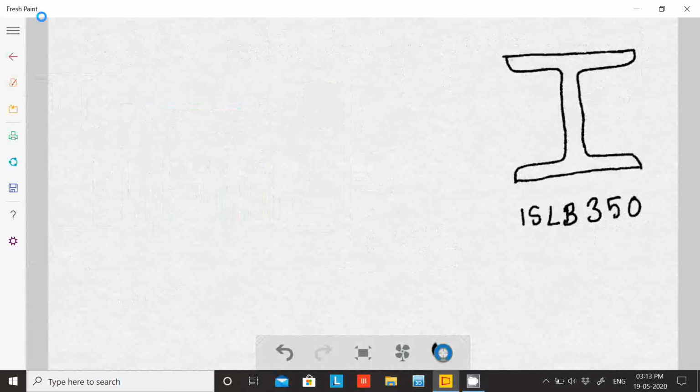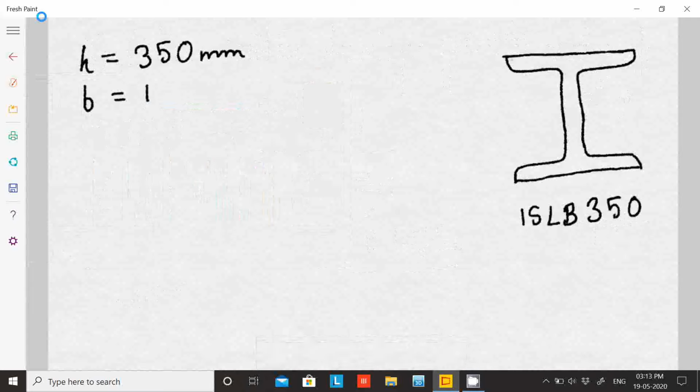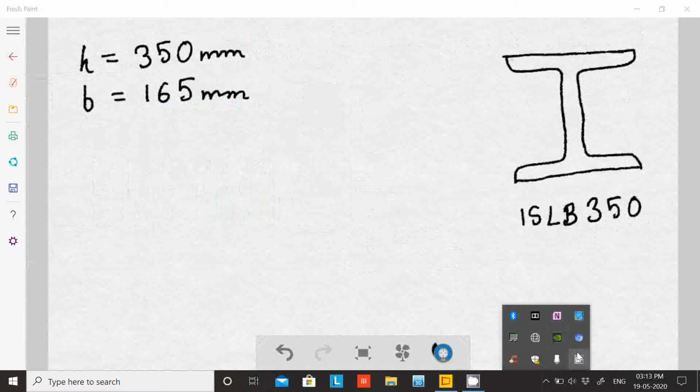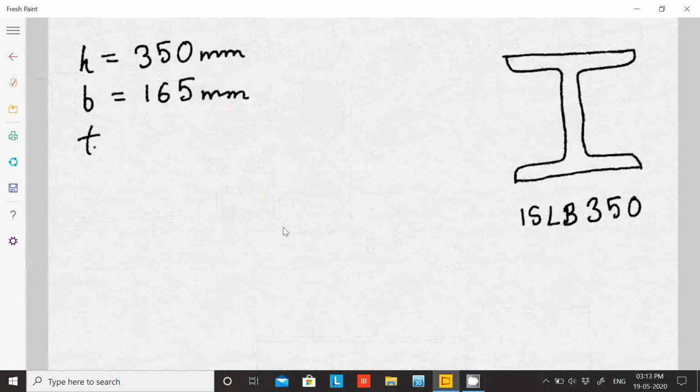Okay, so let us write down the values. H is equal to 350 mm, B equal to 165 mm, then thickness of flange equal to 11.4 mm, then depth of web.